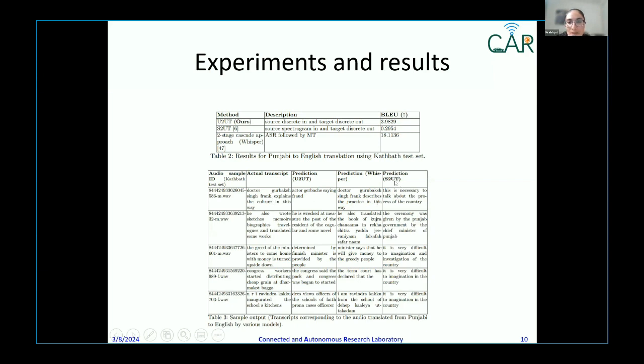But then the last one is speech-to-unit translation. Here, even though the English is correct, it talks about the process of the country, but it does not relate to the ground truth at all. So these are just some examples of the experiments on the test set that we did.